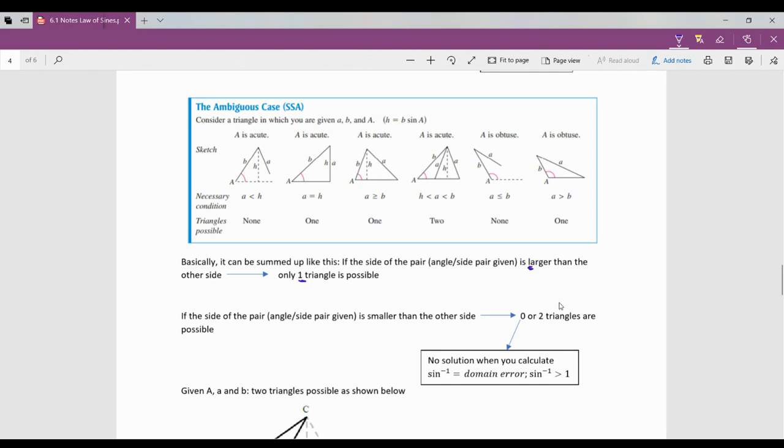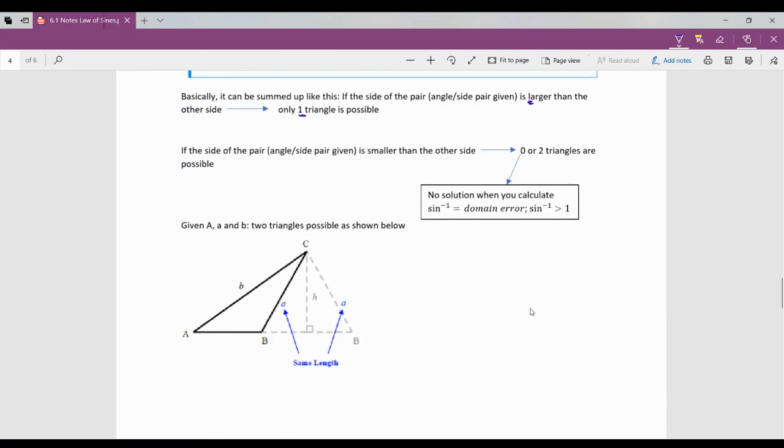All right, so let's tackle this. This is where it's the two triangle possibility. So I'm going to just highlight this. We'll come back to this a bunch, but I just wanted to show you what it would look like.